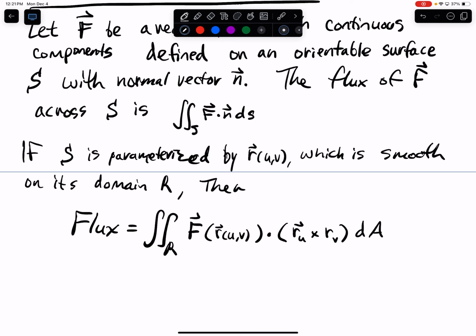Basically, it's a band, and the normal won't point consistently. As you travel around it, you'll end up traveling around both sides. It's kind of weird. Doesn't even make sense, but that's the best way I can describe it to you.